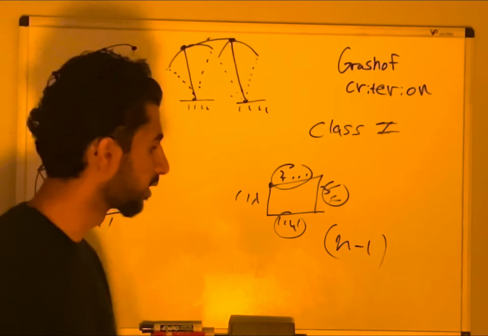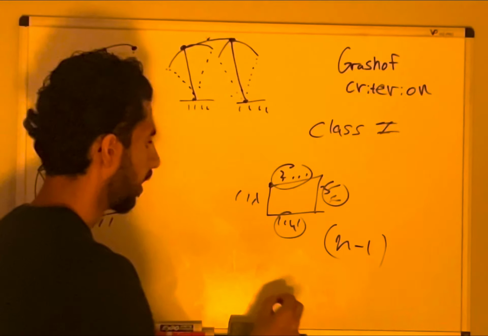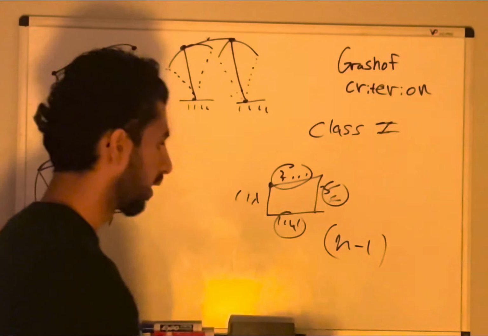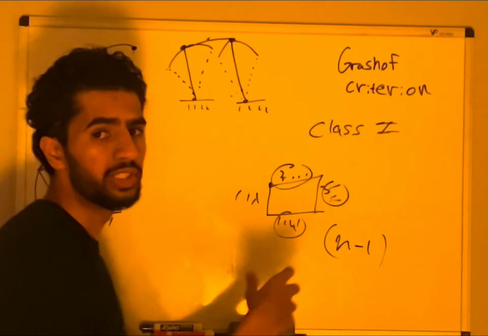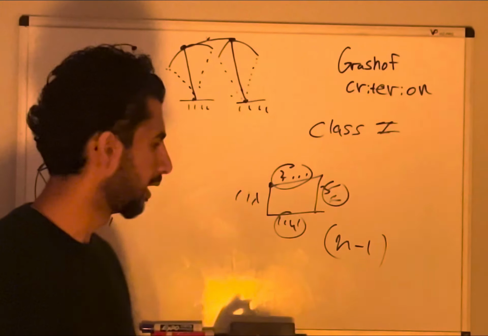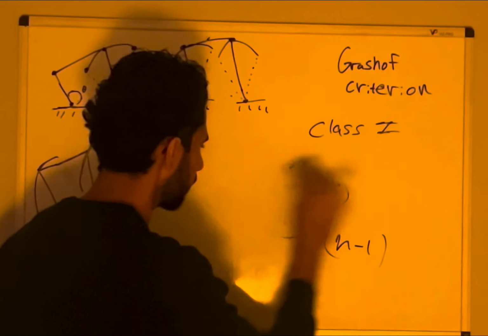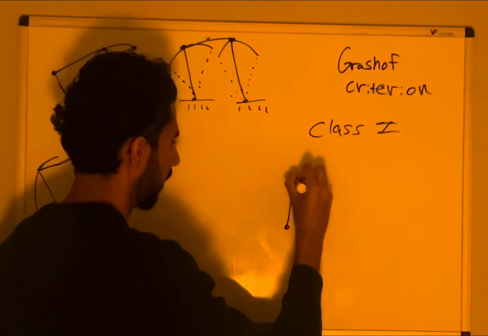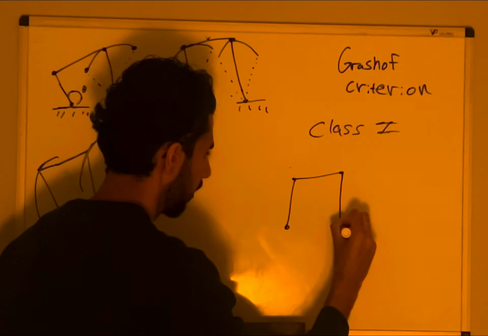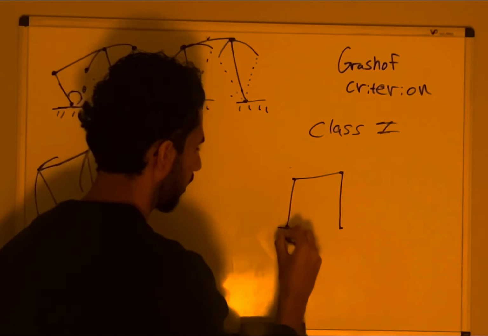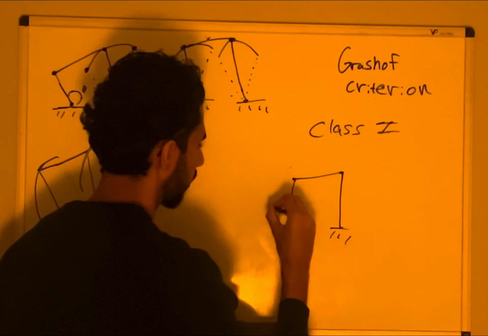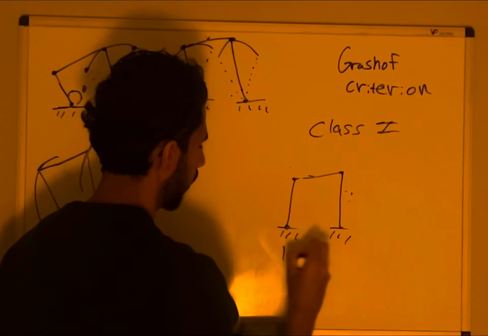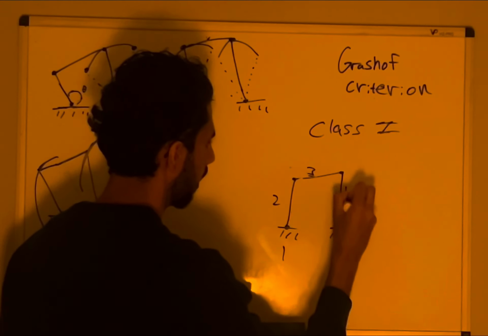That makes sense, right? Because if I have n links, I can only have n minus 1 inversions, because the original one has already been occupied in a sense. So let me explain that real quick. Let's say you have a four-bar mechanism, and this link is grounded.